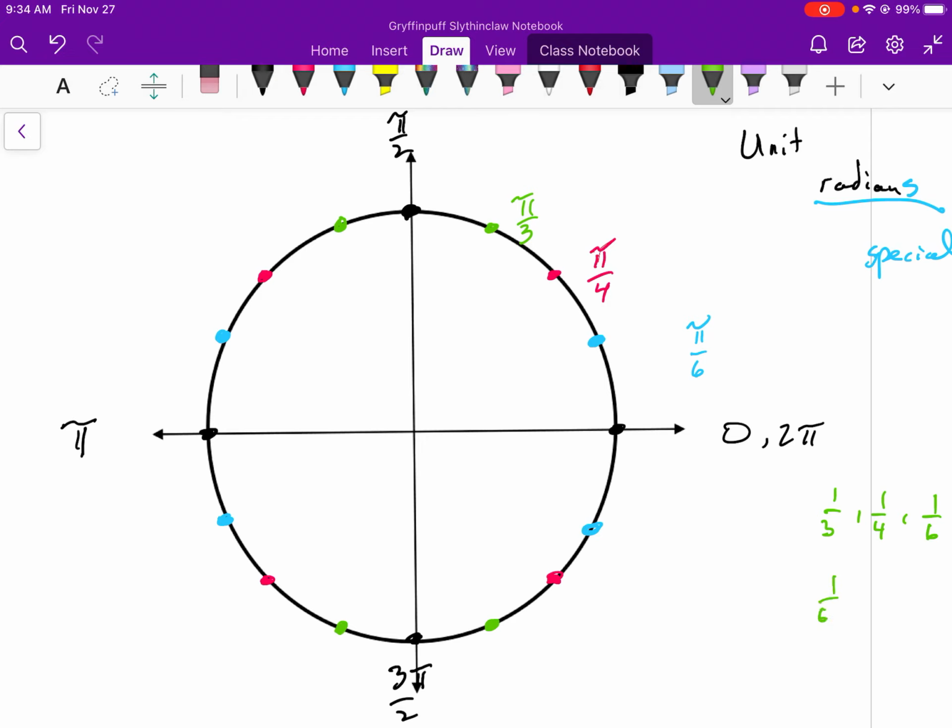Well, the smallest to greatest would be 1/6, 1/4, 1/3. So we can say this is 1/6 of pi, that's 1/4 of pi, and that's 1/3. Hopefully we can all agree that your measurement of your angle increases as you go counterclockwise. So there I have it. I have the special angles here.